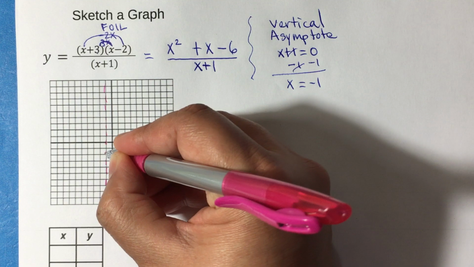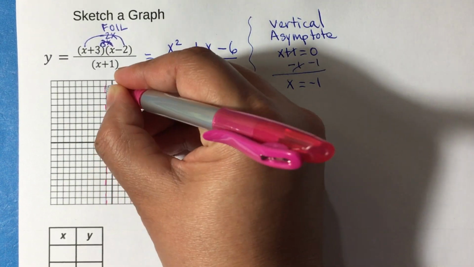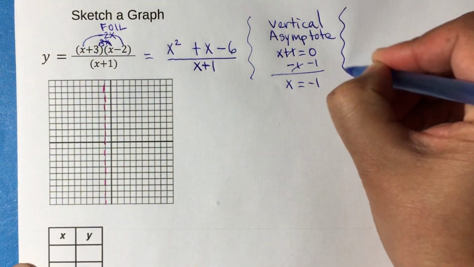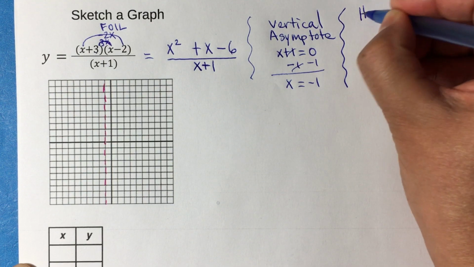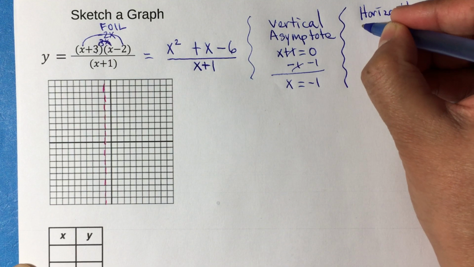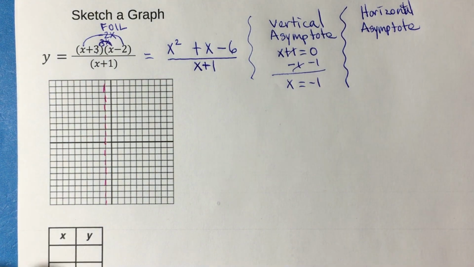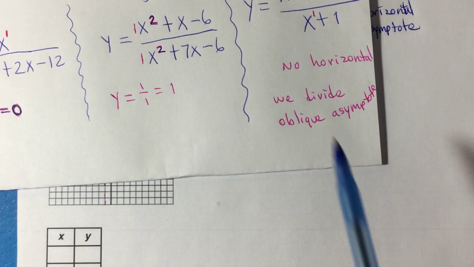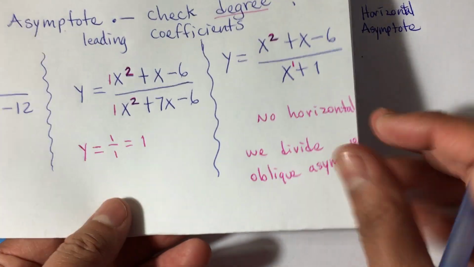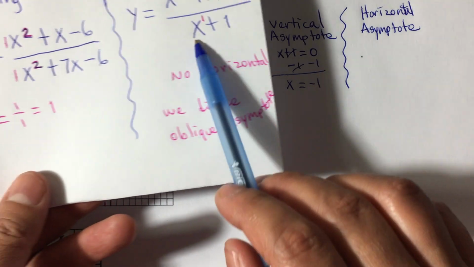It means that my graph will approach this line, but it will never cross it or touch it even. Okay? For my horizontal asymptote, well, we go to our rules, and I intentionally chose this one right here, x squared plus x minus 6 divided by x plus 1.